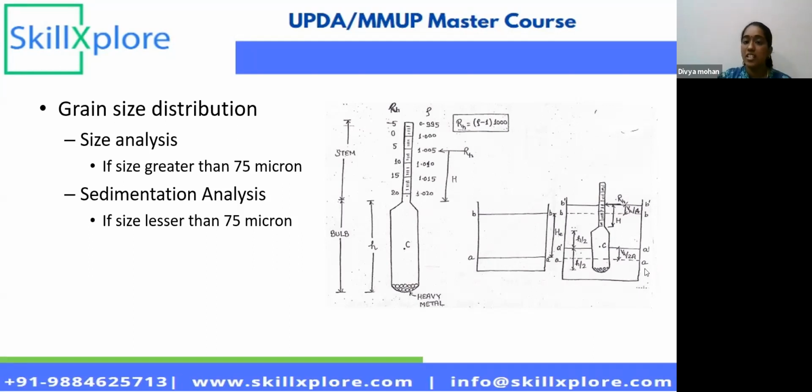So the density of the soil water will be less, and the hydrometer will tend to alter its position in the water. Based on the position of the hydrometer, the readings are recorded, and with that we analyze the soil size distribution.